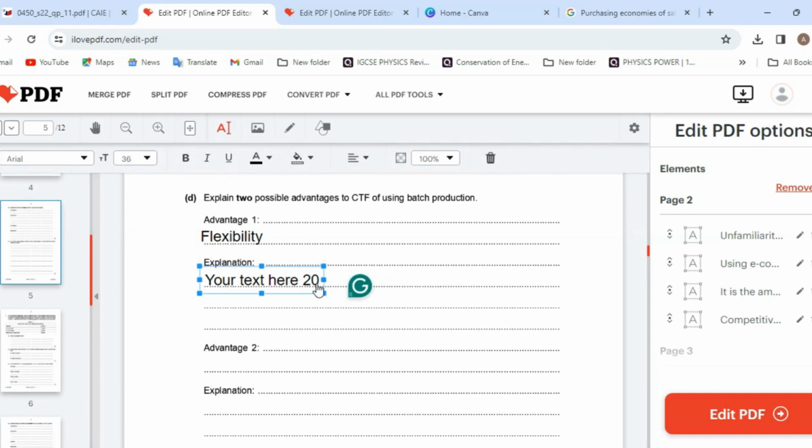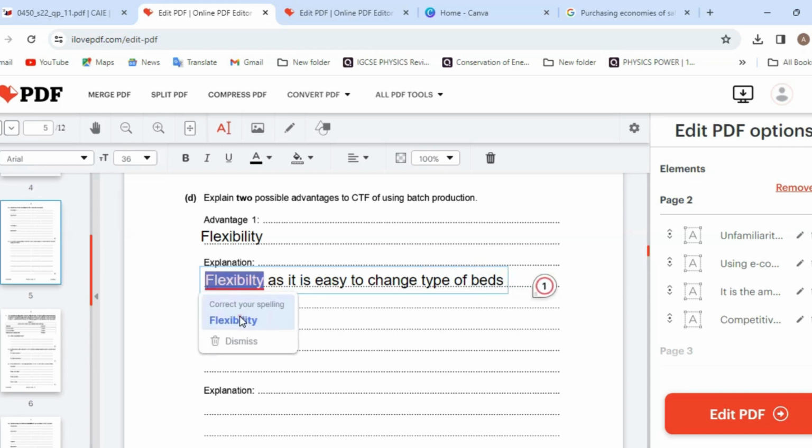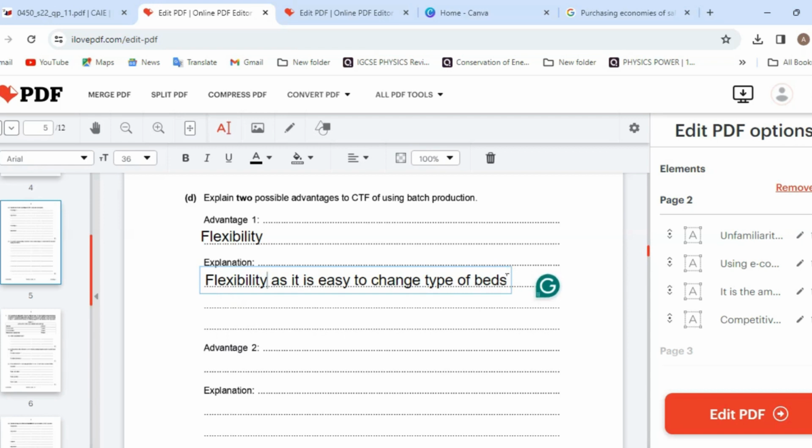Flexibility, as it is easy to change the type of bed requested by the customers.